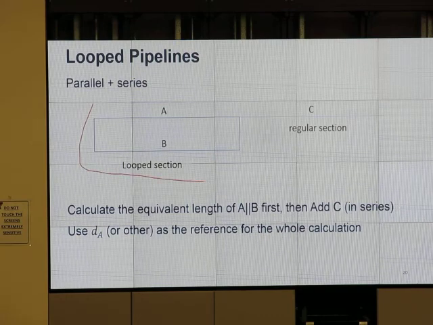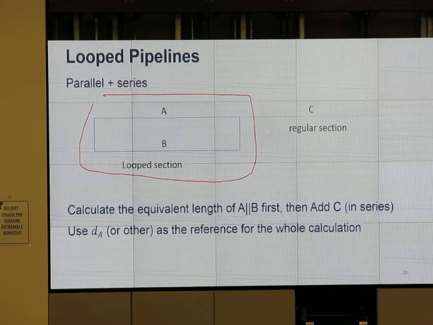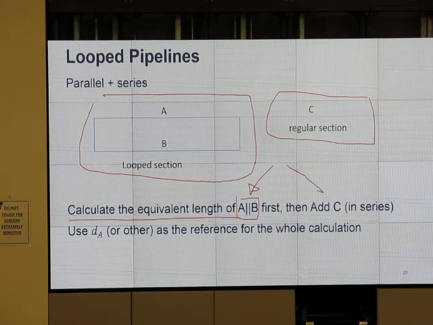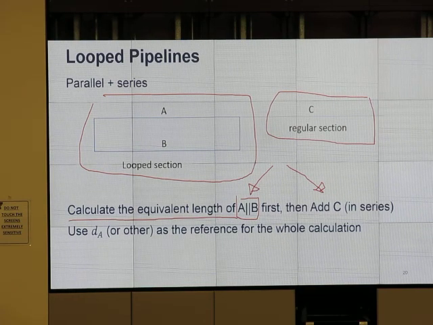So we have the loop section A and B connected with C. The trick here is to calculate the equivalent length of A parallel B first, then add that and that in series. Try to use the same reference diameter and do it in terms of equivalent length. For example, I have pipe A 1 inch, pipe B 1 inch or 2 inch, both of them 100 feet.